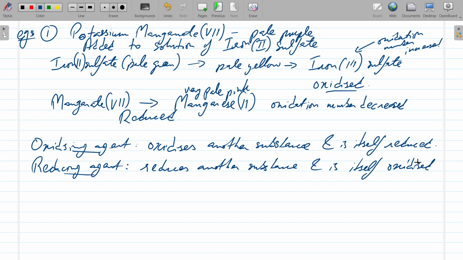Oxidized. So it's reducing the other, so it's taking its oxygen, or it is giving the other electrons, or it is reducing its oxidation number. Whatever's happening, that's what a reducing agent does, and itself becomes oxidized.